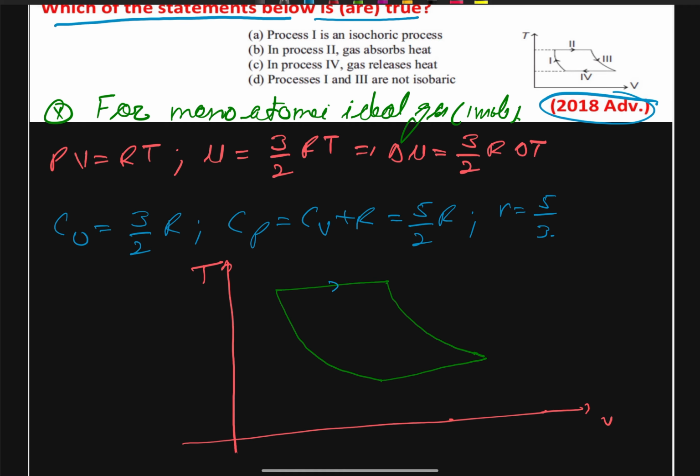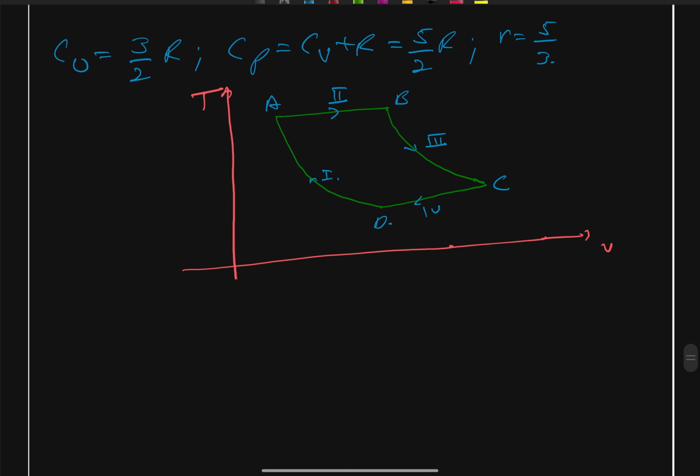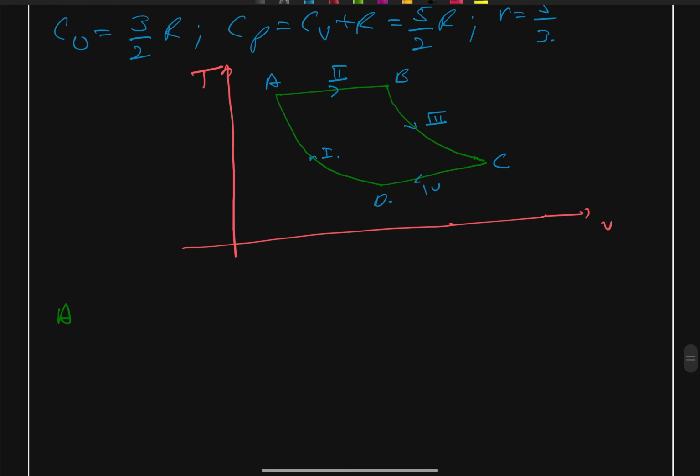So this is our second, third, fourth, and this is our first. Okay, so let us call these A, B, C, and D. So for A, let us call the volume VA, and temperature T1.